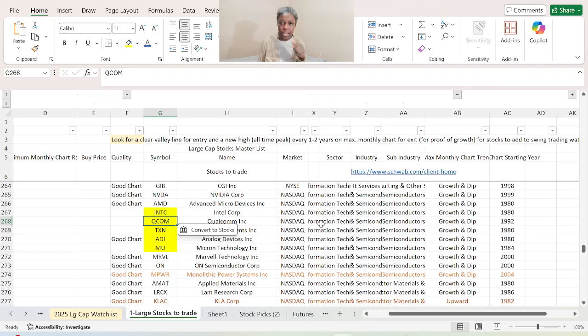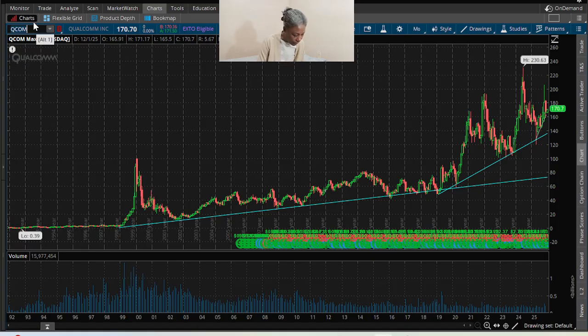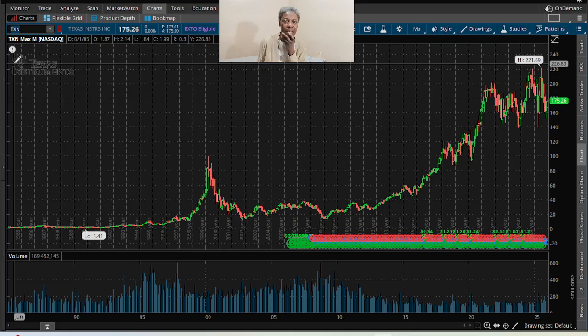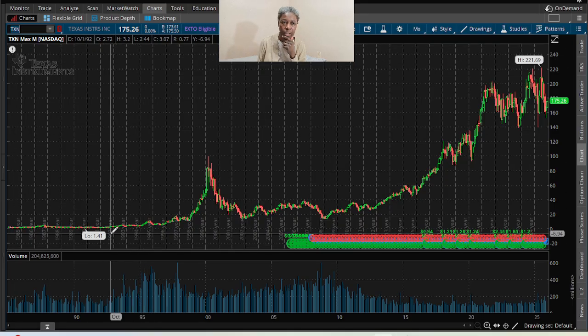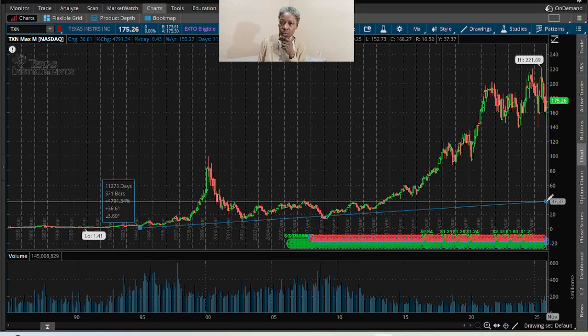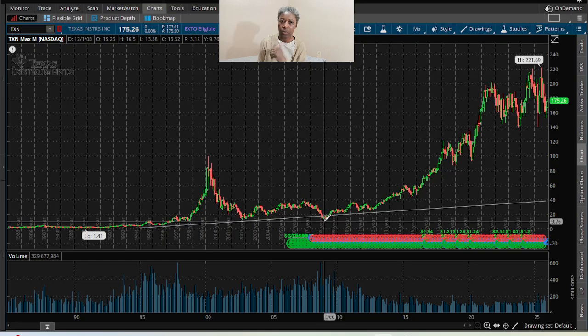The next one we are going to analyze is TXN. So for TXN, we are going to trace the line here, and this one is going to go here, and we are going to continue tracing.